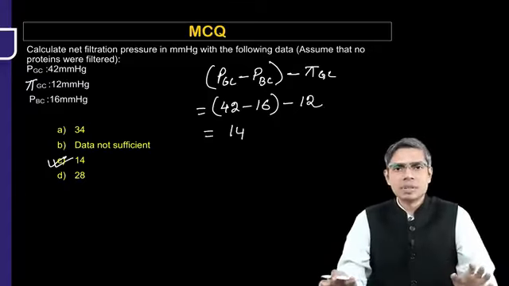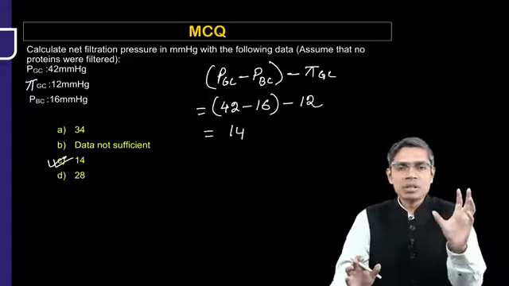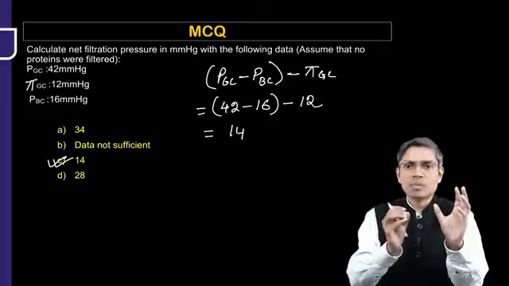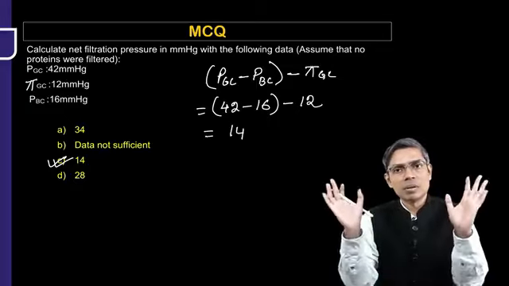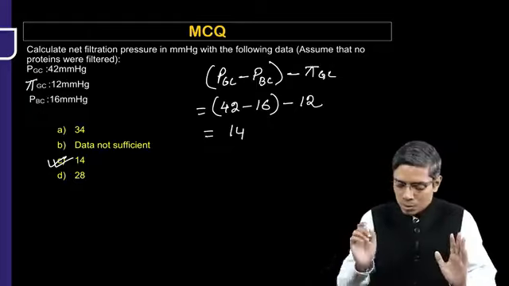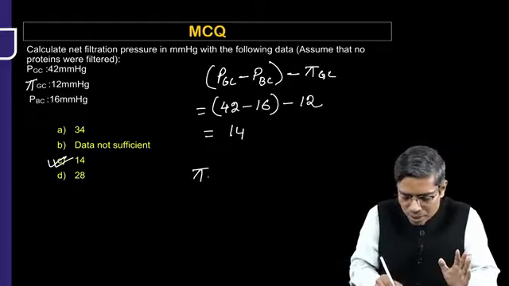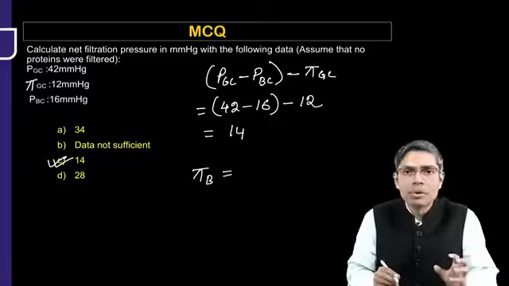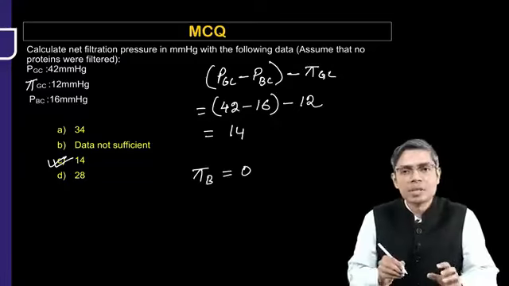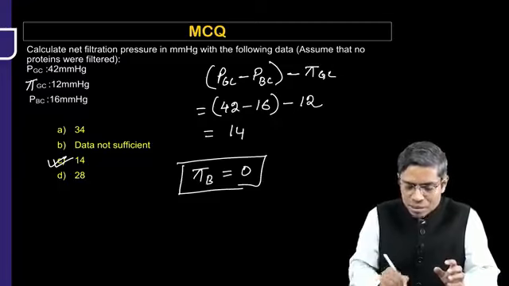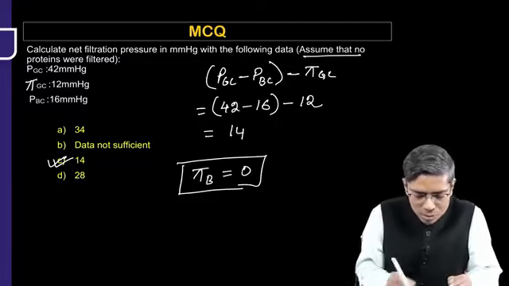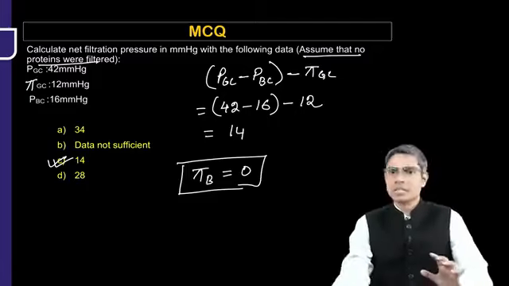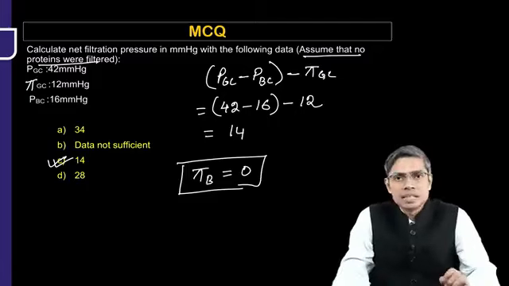Got it? Very simple. Glomerular capillary hydrostatic pressure minus Bowman's capsule hydrostatic pressure minus glomerular capillary oncotic pressure. This is the net formula. We assume that pi B, the Bowman's capsule oncotic pressure, is 0, because protein filtration is almost negligible. Here it is given in the data that assume no protein was filtered, so that is the hint in this question.